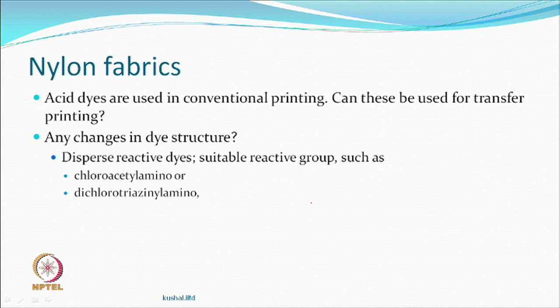One of the interesting things which has been seen in nylon, which has not been seen in polyester, is that the wash fastness of the disperse dyed nylon fabrics will be low compared to the same dye on polyester. If the same dye has been dyed or printed onto polyester, the wash fastness is higher compared to the same dye in nylon.